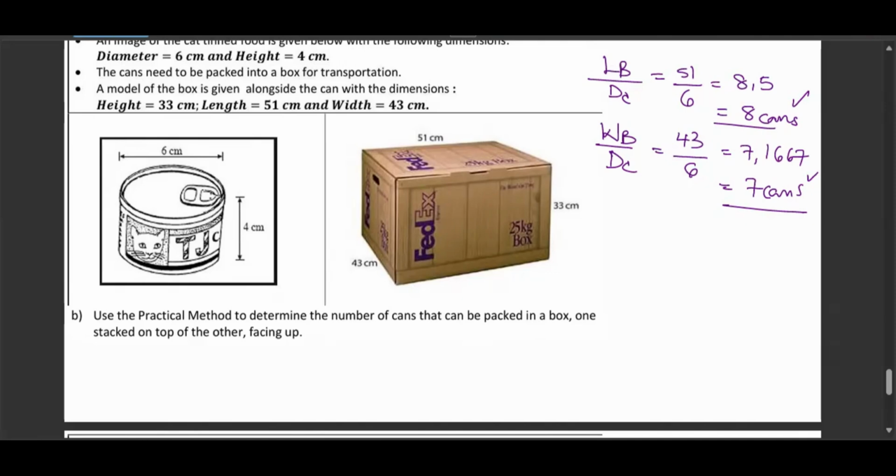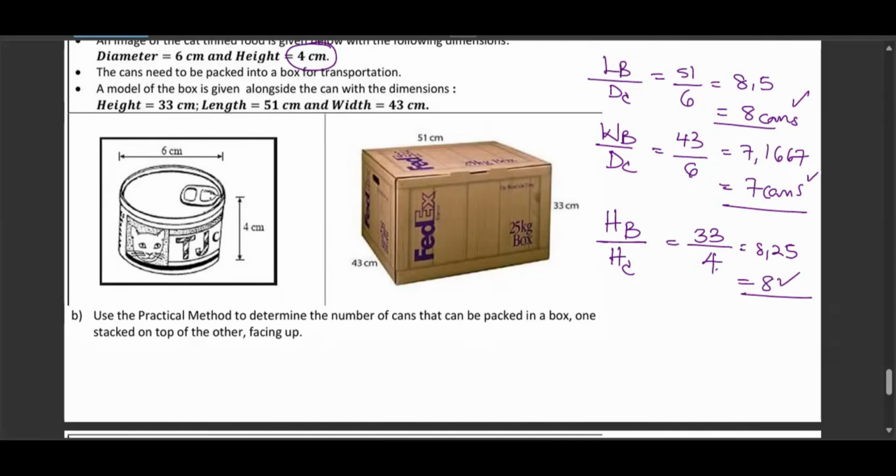What about the layers? The height of the box divided by the height of the can, which is 33 divided by 4, approximately 8.25. Round down, it becomes 8. So there'll be 8 layers.